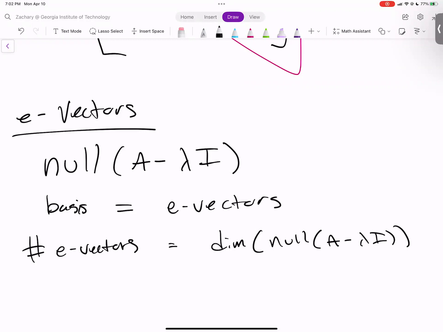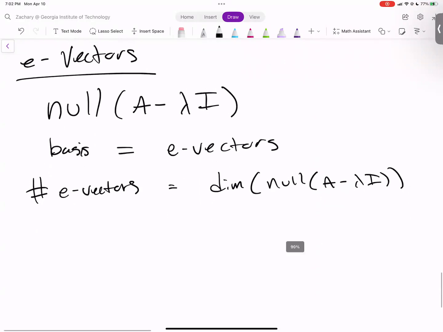If we have a null space of A minus lambda I, what's the shape of the null space? It's R to the number of what? Free variables in R to the number of columns. Good. What we're looking for essentially is how many free variables A minus lambda I has. If you can find that, then you know your number of eigenvectors.